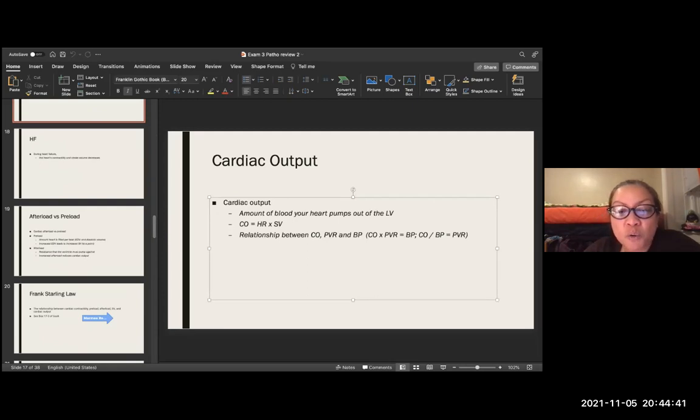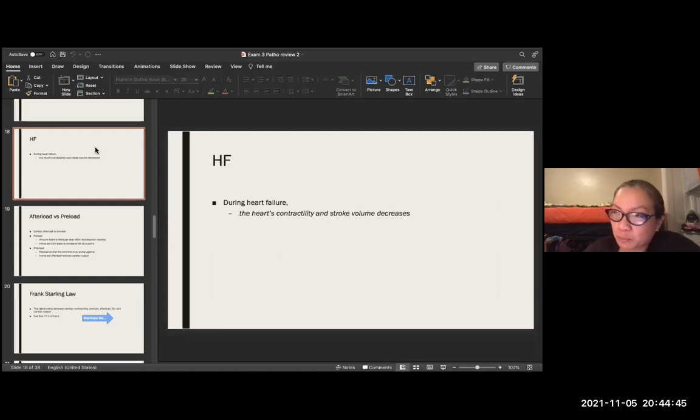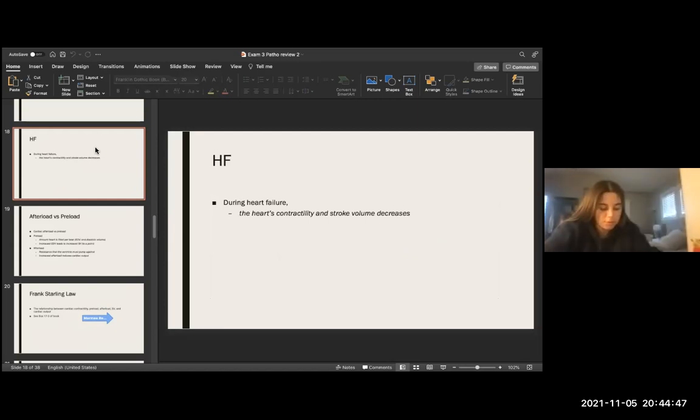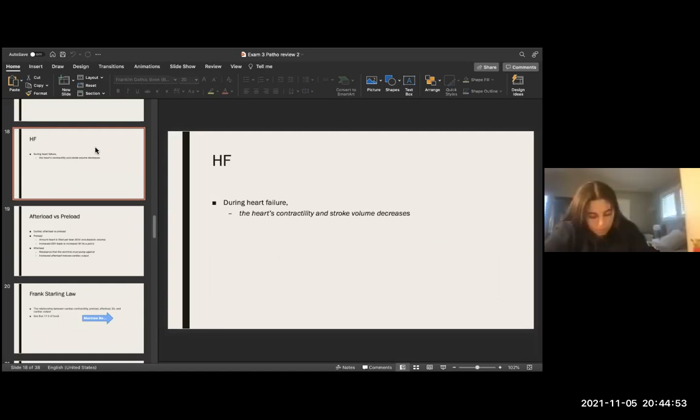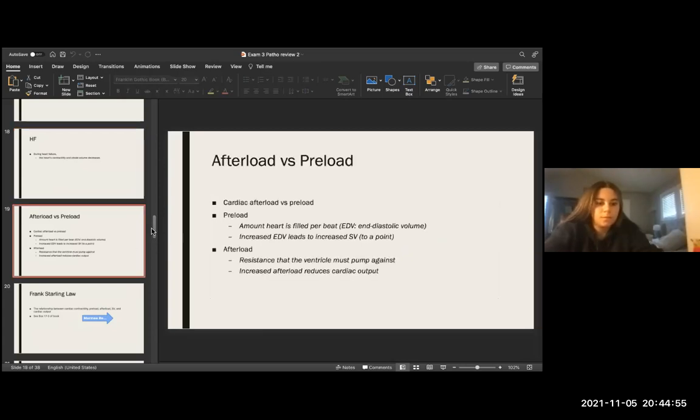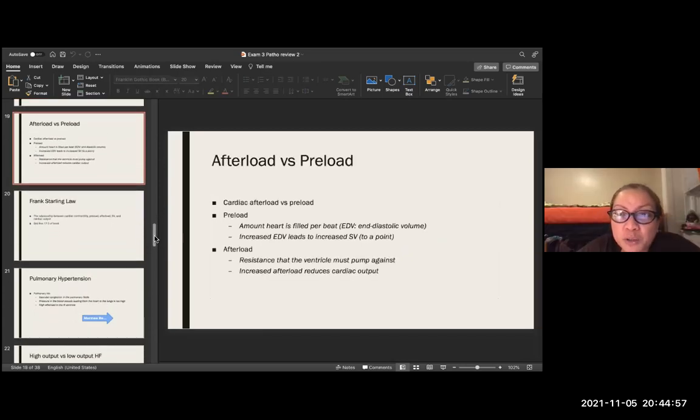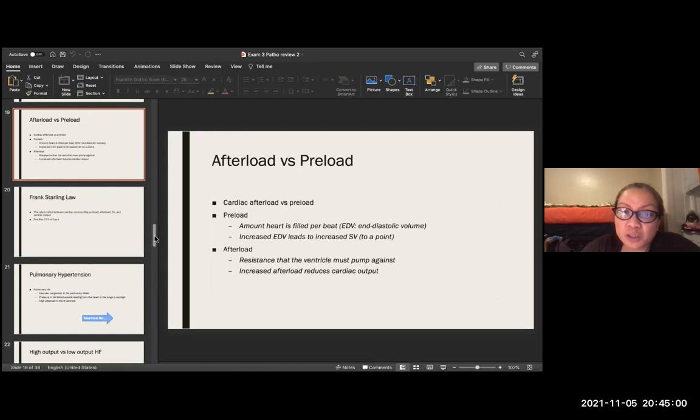Whether you have more volume or less volume. If it's less blood, then there's decreased stroke volume. Of course there will be decreased stroke volume because there is less contraction. So everything is less.